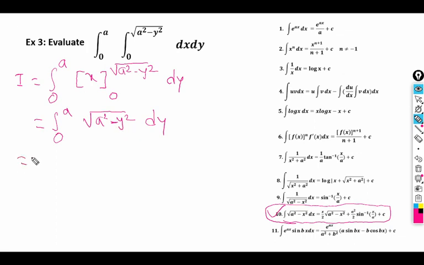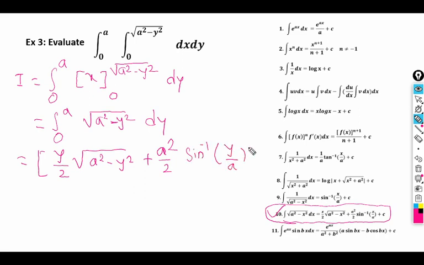So the integration is y by 2 root of a square minus y square plus a square by 2 sine inverse of y by a, and the limits are 0 to a. So the last step comes here.